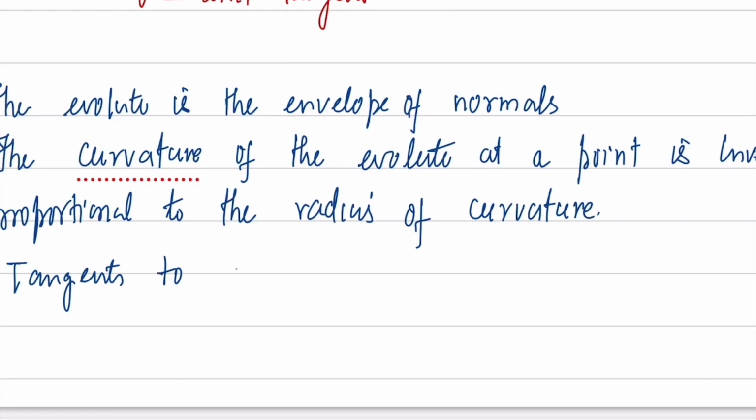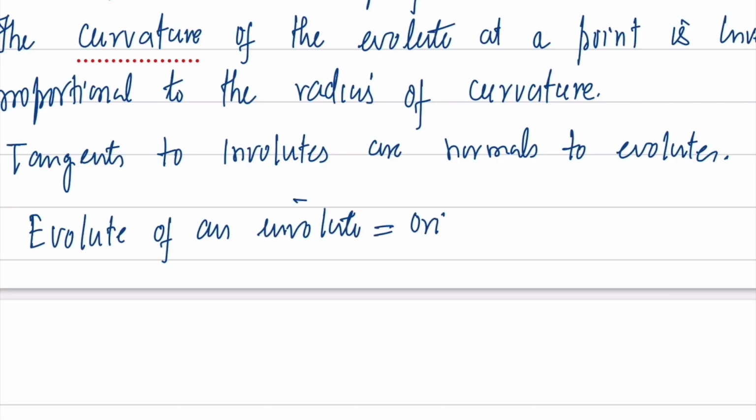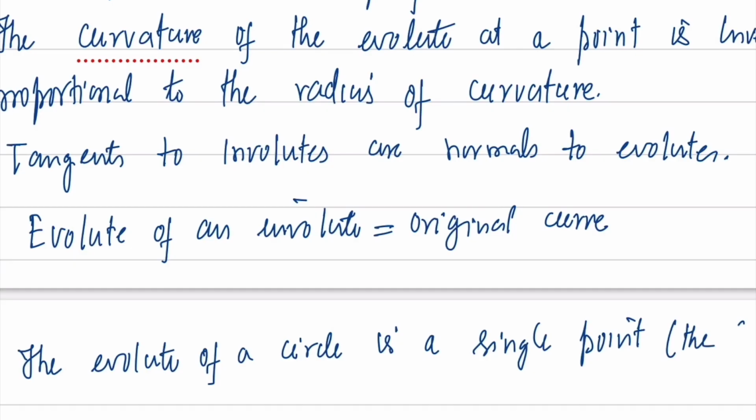And for this property, the evolute of an involute gives the original curve. The evolute of a circle is a single point, which is in fact the center of the circle. So the center of a circle is the evolute of that circle.